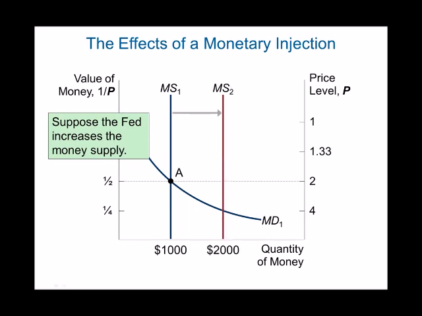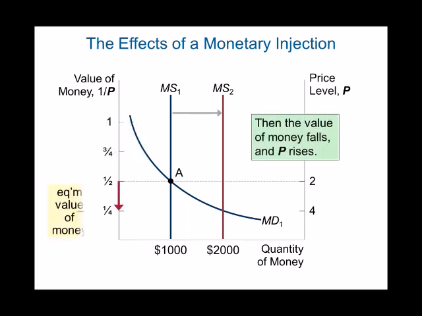Now, supposing the Fed increases the money supply, because it thinks we need more money, then money supply will go up. If that happens, the new equilibrium point is point B. If you think about it intuitively, if there's a lot of money floating around, then the actual value of a dollar will not be as high.